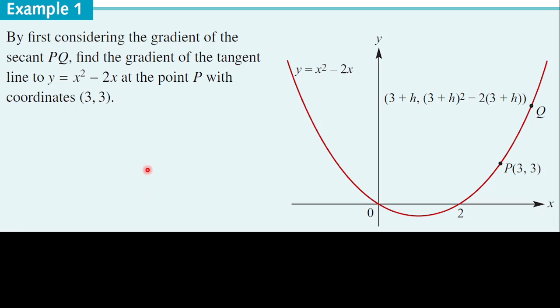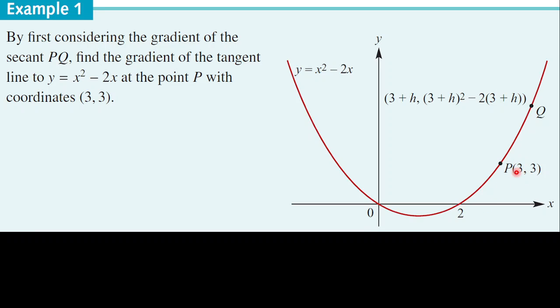Okay, so let's apply that by changing the rule slightly, with a set point with a given value. The rule is y equals x squared minus 2x. We have a given point P with coordinates (3, 3).